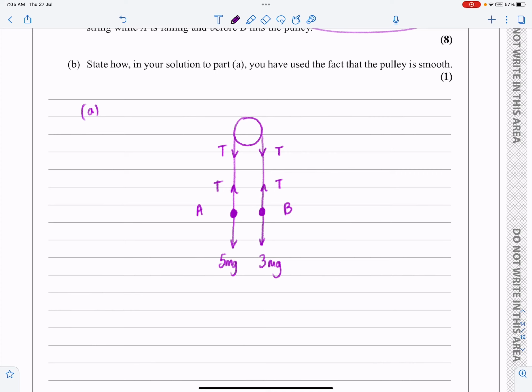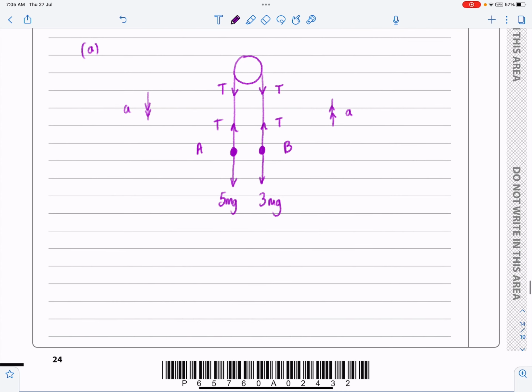Which way is this thing going to be going? Well, the A is heavier, so the acceleration is going to be going downwards in that direction and upwards in that direction. And so now all I need to do is tell the examiner what I'm going to start off with. It doesn't really matter the order in which we do it. I'm going to consider particle A first of all.